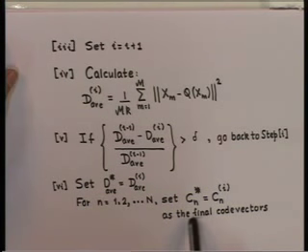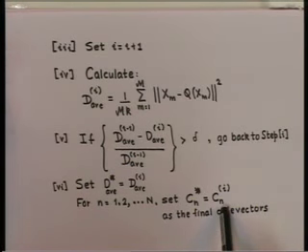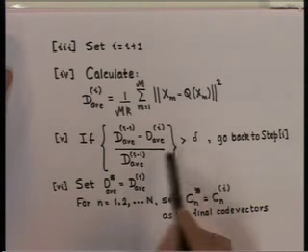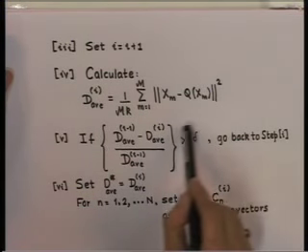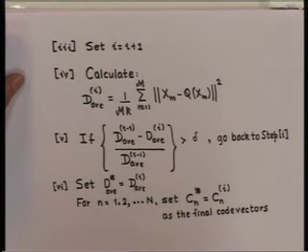And similarly, we set the final code words C n star equal to the calculated or updated code vectors which existed before exiting out of the loop at step number 5.